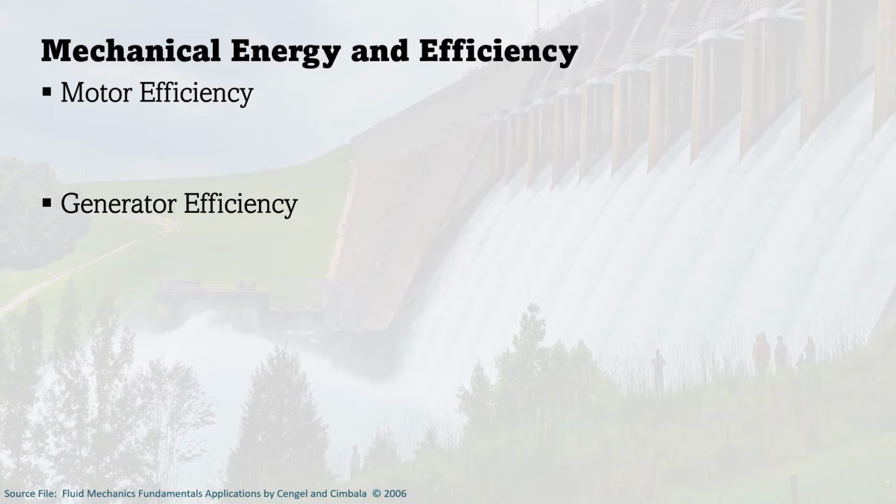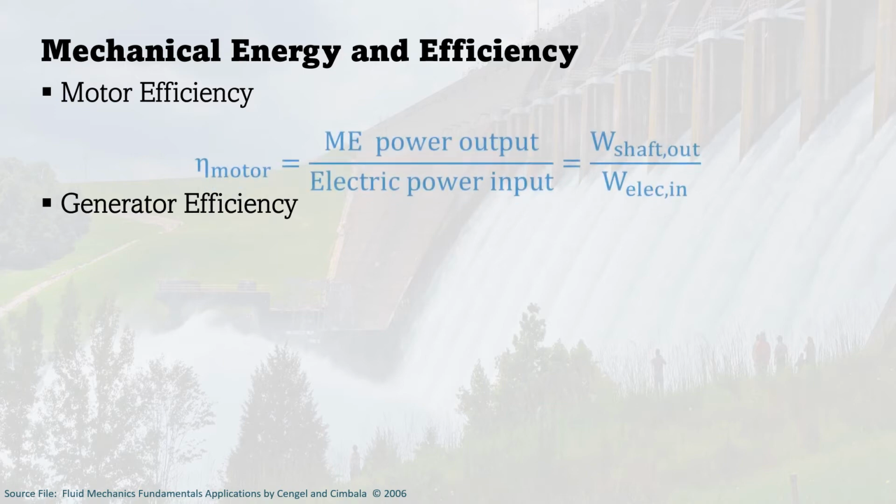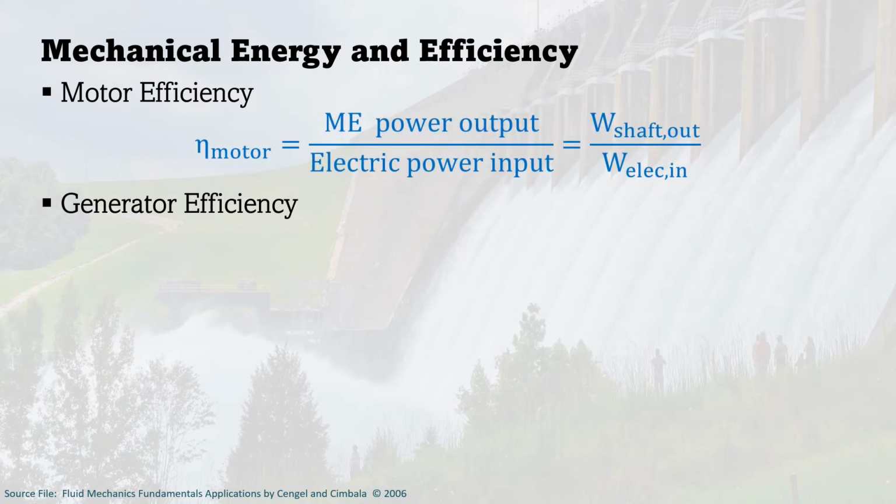The mechanical efficiency should not be confused with the motor efficiency and the generator efficiency. So when we say motor efficiency, it is the mechanical power output divided by the electrical power input in order to drive the motor. So it is the shaft work output of the motor divided by the electrical input needed to drive the motor.